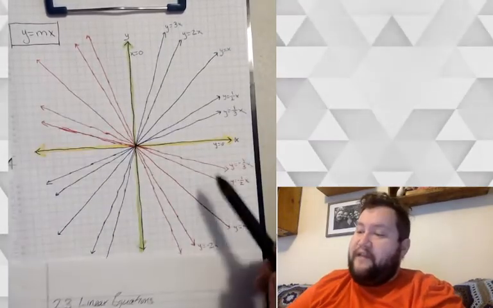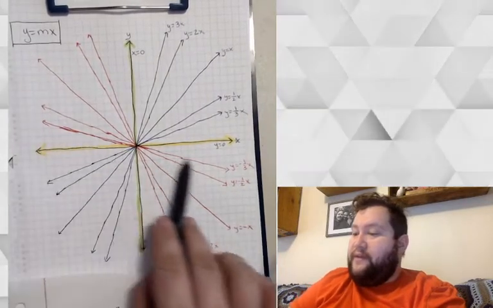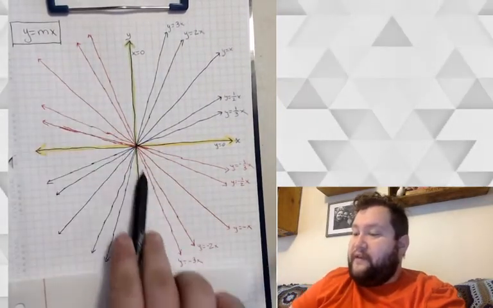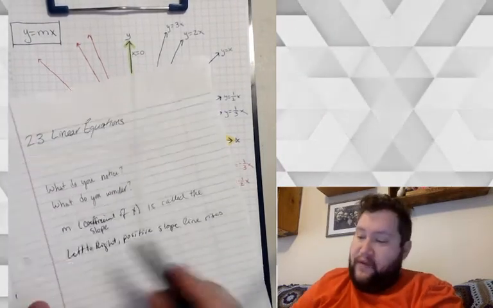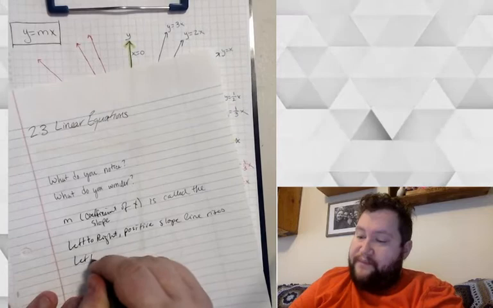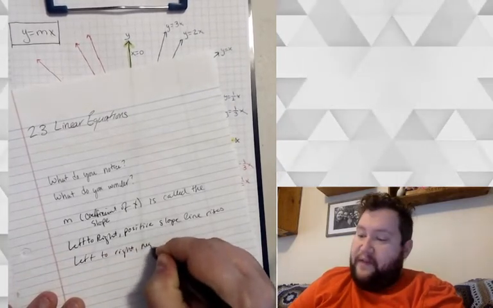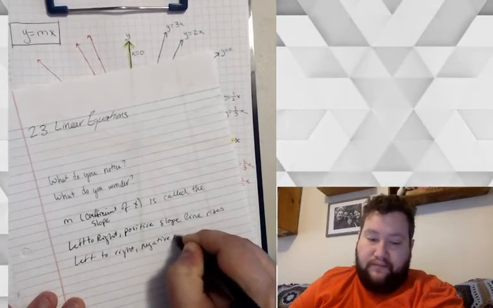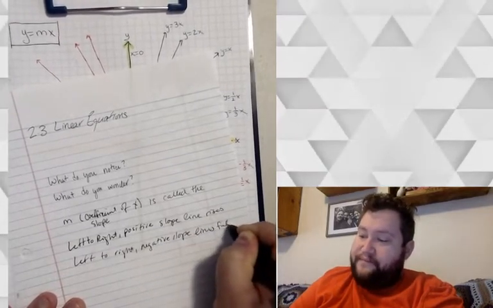And then if we contrast that here with our red ones, from left to right, no longer are they increasing, but they're decreasing. So we say they fall. So left to right, negative slope lines fall.